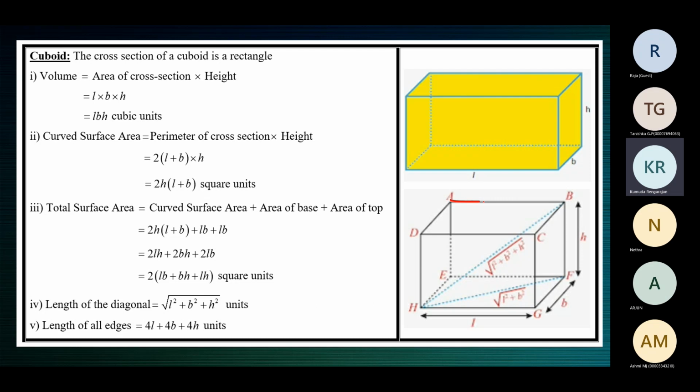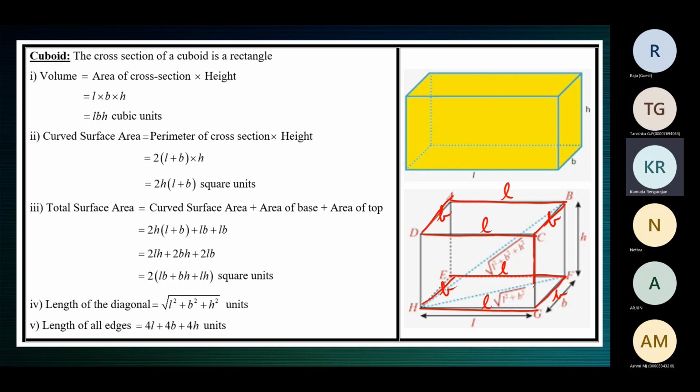The length of this edge and this edge and this edge and this edge is L. The length of these edges, 1, 2, 3, 4, is B, because of the breadth of the cuboid.